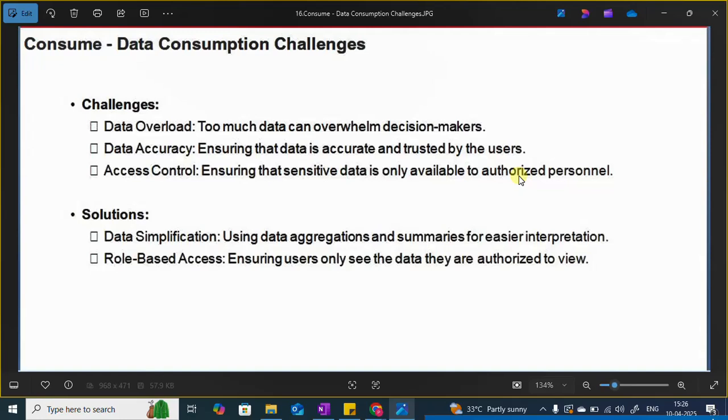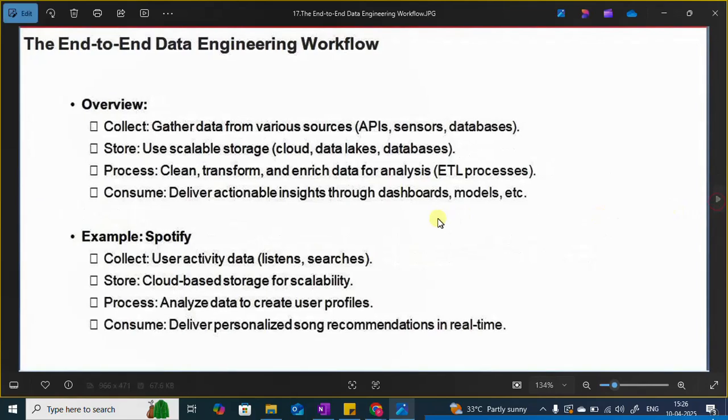Role-based means you are giving permissions, like read access, write access, or modify. Only those you have authorized are able to access the data, not other people. For security reasons, you have to give all these roles.